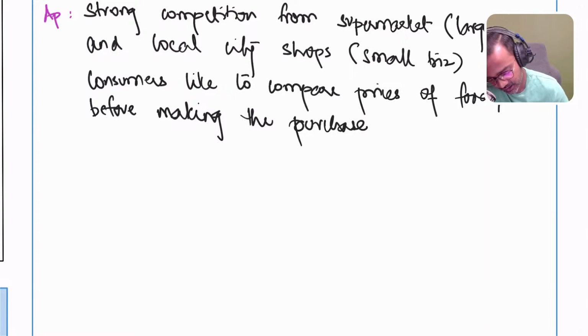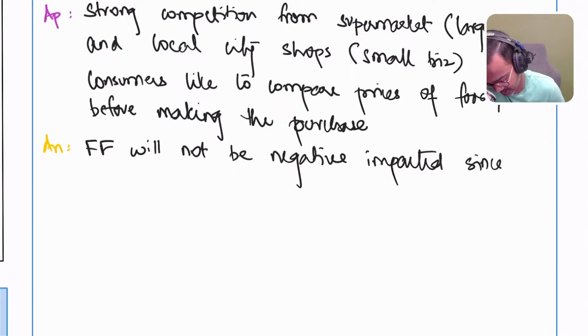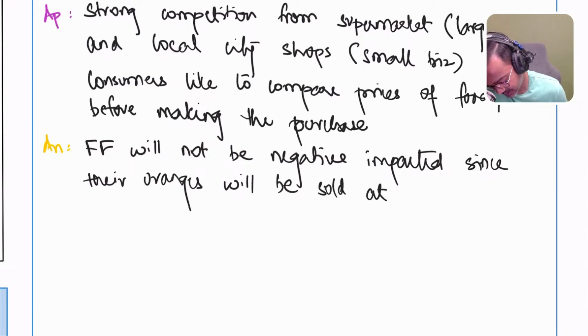competitive pricing? Then the advantage is that your FF will not be negatively impacted, since their oranges will be sold at the same price as competition.